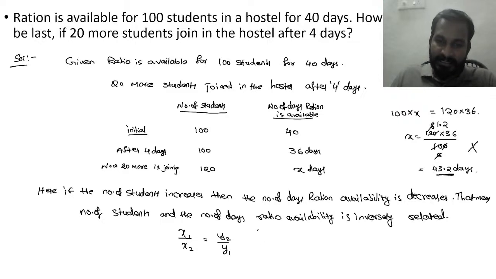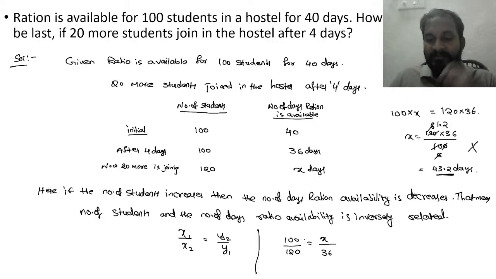Keeping that in mind, what will we write now? 100 by 120 is equal to, what is y2? x by 36. Inversely related, that is the reason. So now x into 120 is equal to 100 into 36.